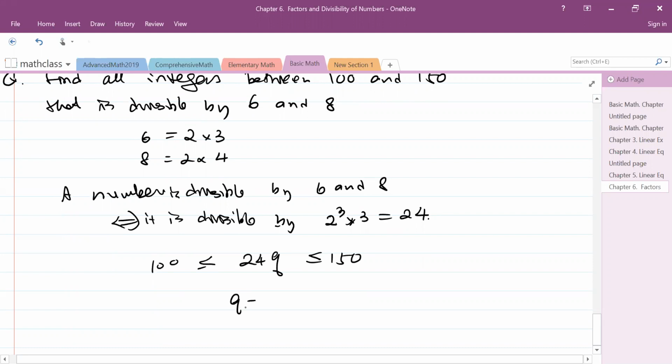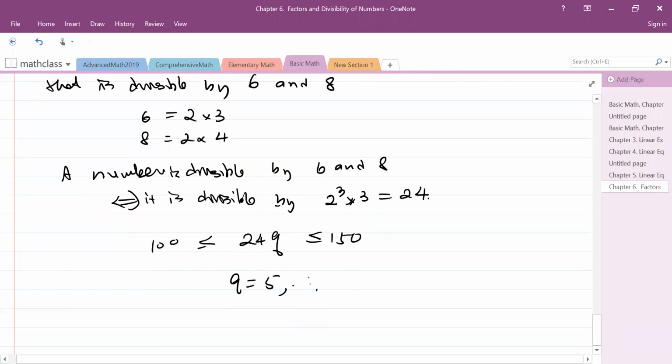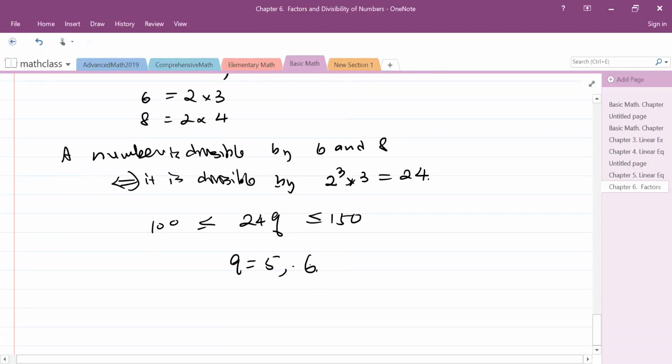So q cannot be smaller than 4, right? Q starts from 5. What is the largest possible value? It's 24 times 5 and 24 times 6. So there are only 2 possible values.